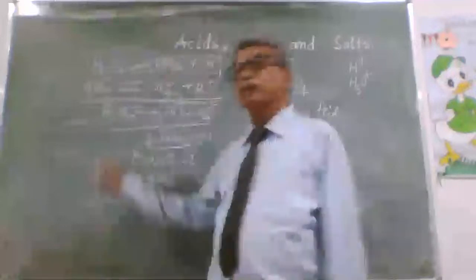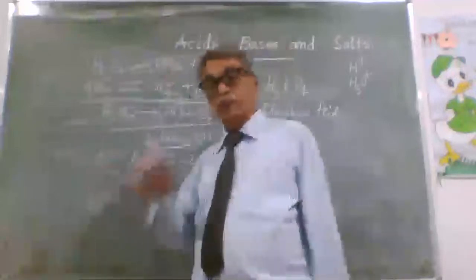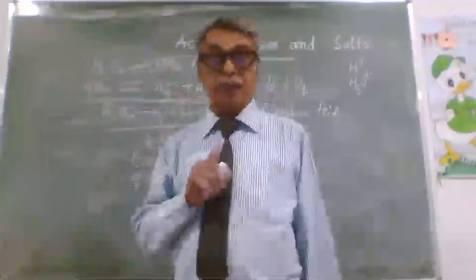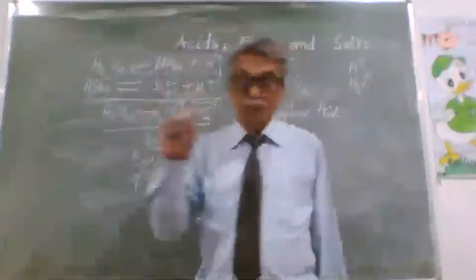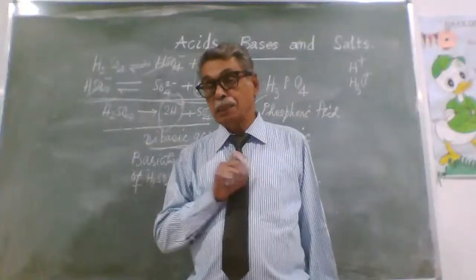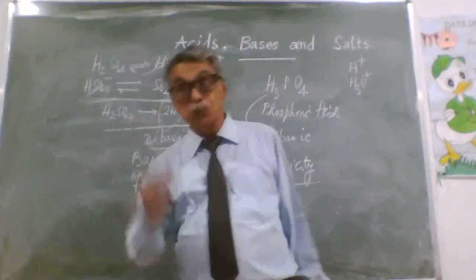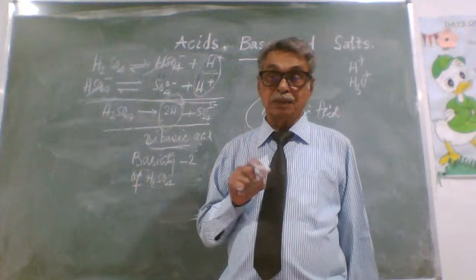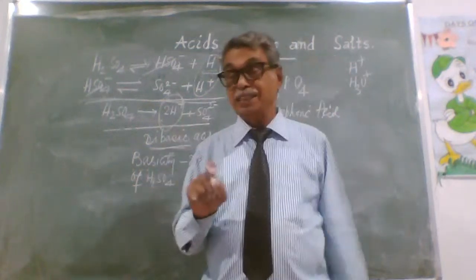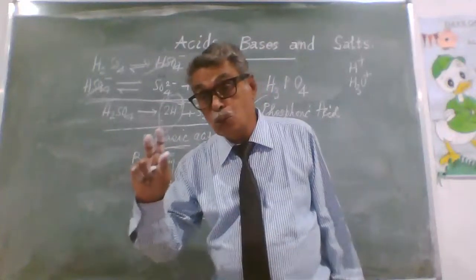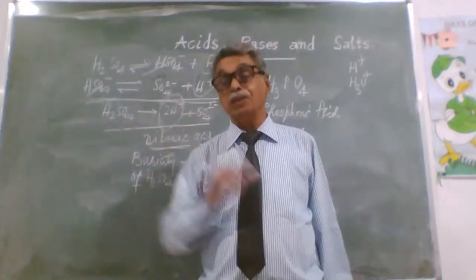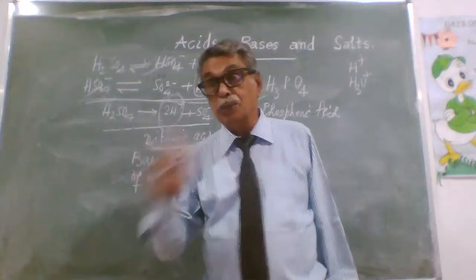Basicity of hydrochloric acid is 1 because one molecule of hydrochloric acid can give only 1 hydrogen ion when dissolved in water. Basicity of sulfuric acid is 2 because one molecule of sulfuric acid, when dissolved in water, can give 2 hydronium ions.